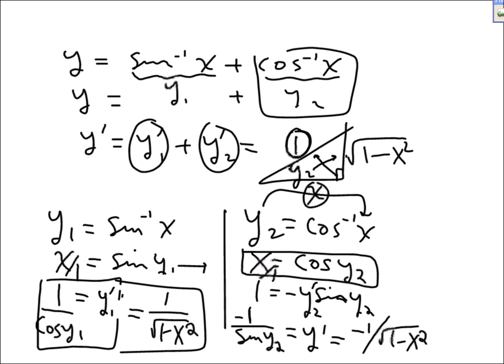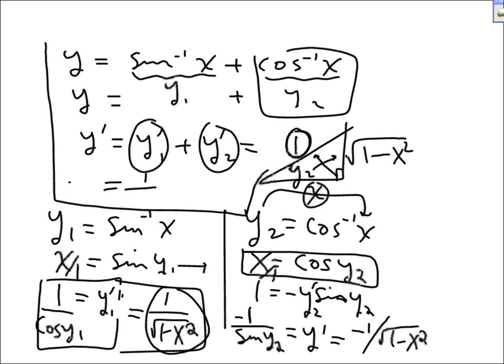Okay, so continuing right above this bottom line, y prime is equal to y1 prime, which is 1 over the square root of 1 minus x squared, plus y2 prime. Oh, look at that. It's the negative.